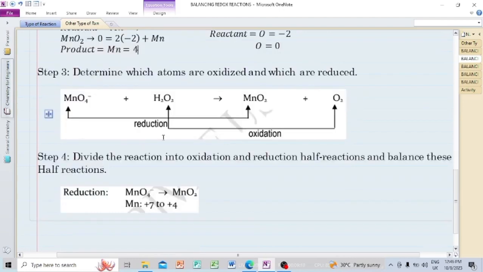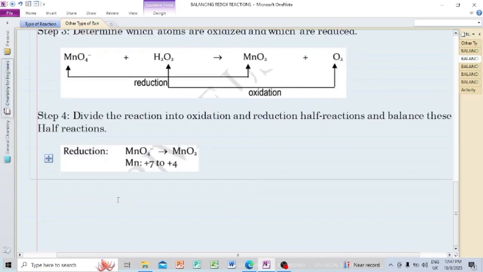After determining which is the reduction and which is the oxidation, we will divide the reaction into oxidation and reduction half reactions and balance each half reaction. We will follow the same principles as balancing in acidic solutions. The only difference is that in basic solution, we add hydroxide ion and water, while in acidic solution, we add hydrogen ion and water.